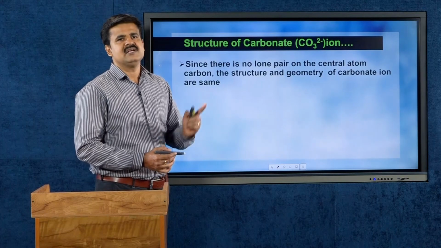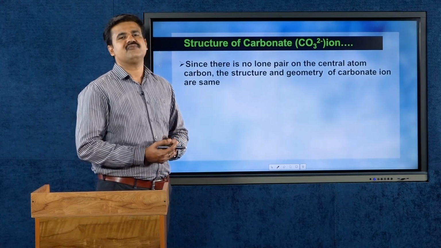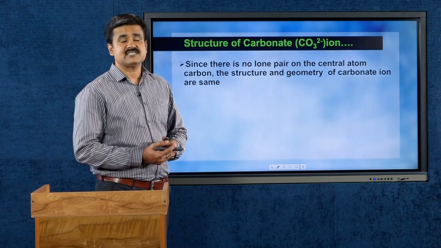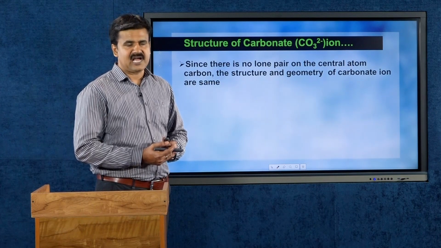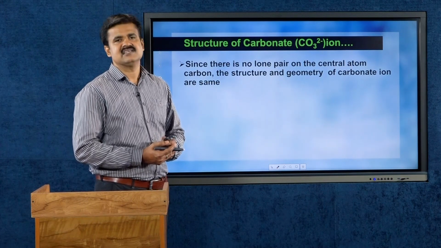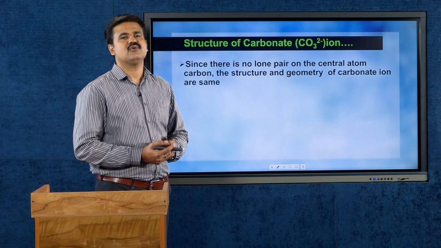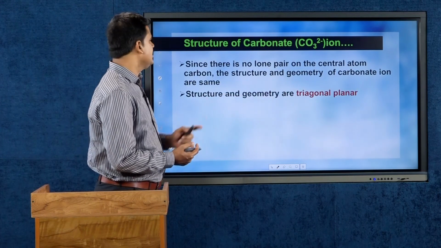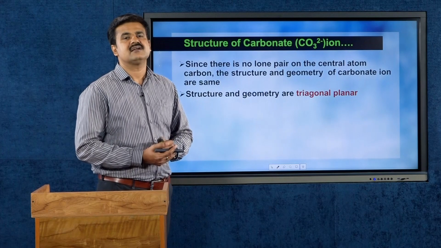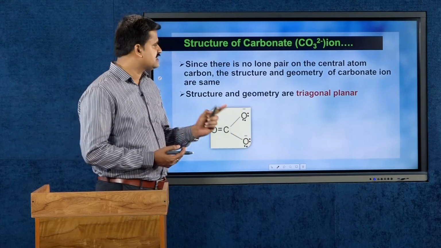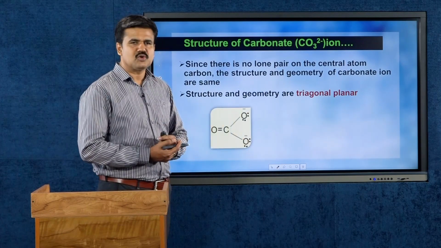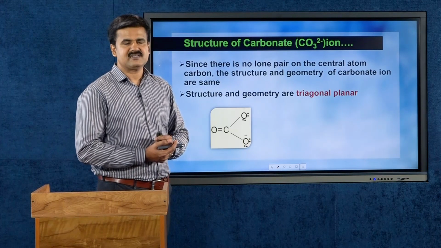Now, there is no lone pair of electrons on the central atom carbon in carbonate ion. That means the structure and the geometry of carbonate ion are the same. The structure and the geometry are trigonal planar. This is the trigonal planar geometry or structure of carbonate ion.